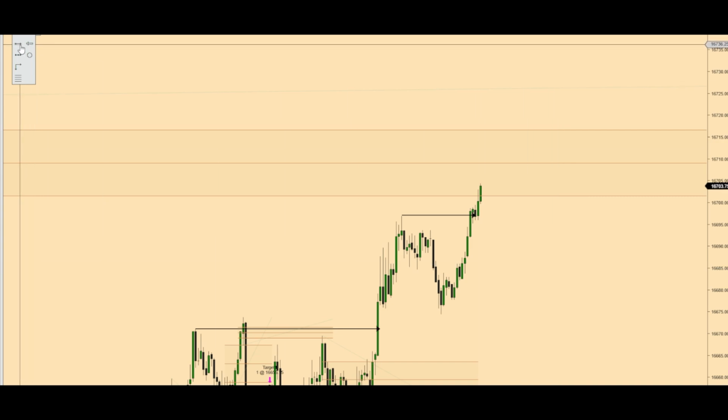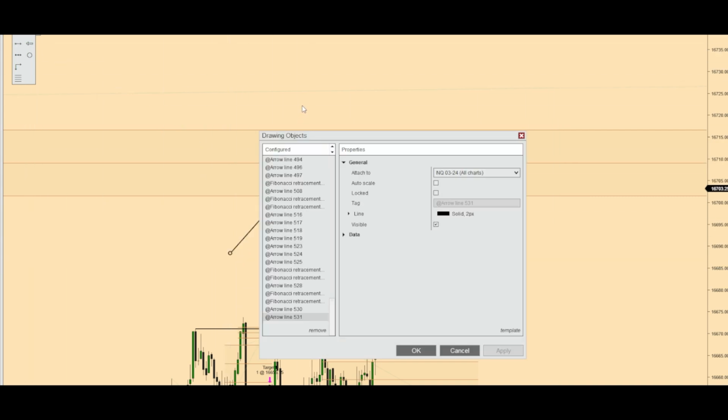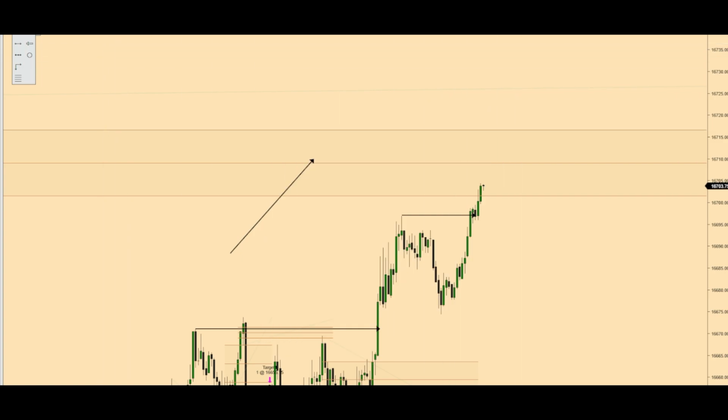And this is out of a hourly supply. And so this stop might be kind of crazy, yeah. So I'm gonna watch for a candlestick structure shift in here or a double top.